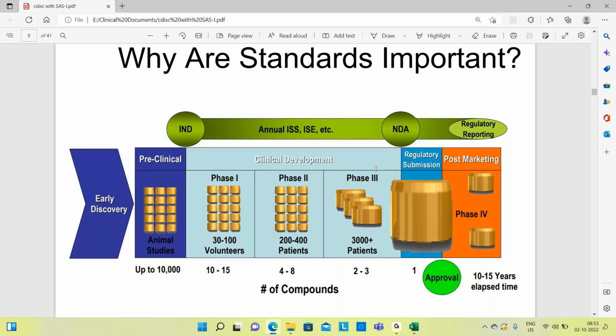ISC is Interim Summary on Efficacy Analysis. ISS is Interim Summary on Safety Analysis.